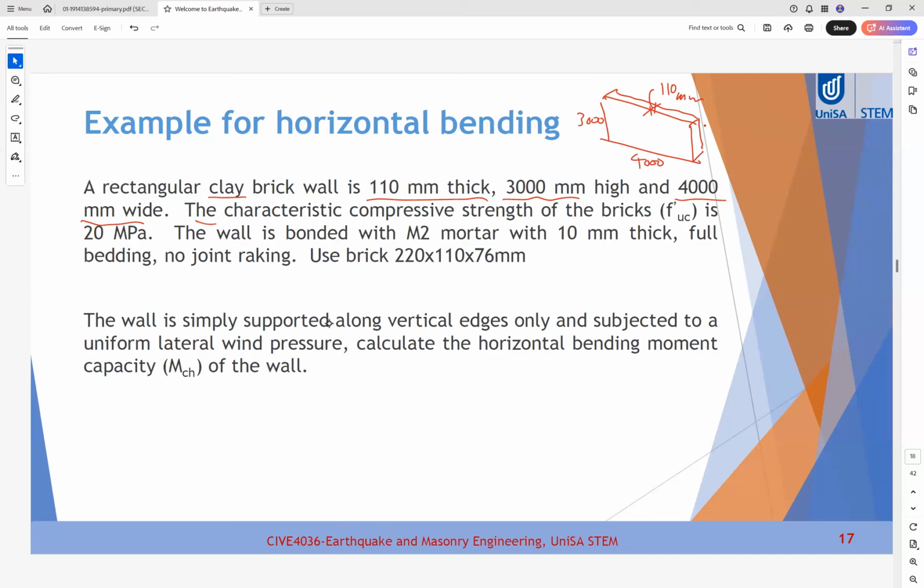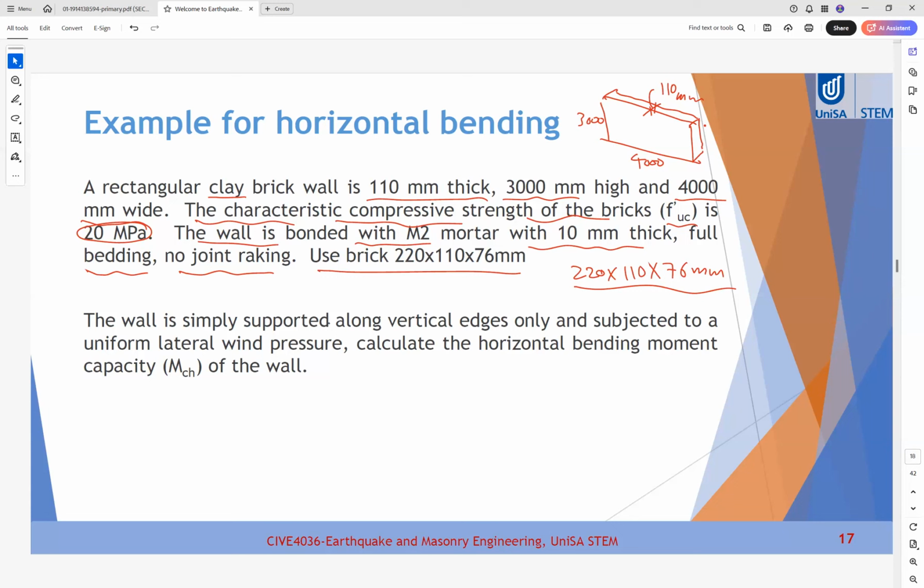The characteristic compressive strength of the bricks, FUC dash, is 20 MPa. The wall is bonded with M2 mortar, 10 millimeter thick, full bedding and no joint raking. Use brick 220 by 110 by 76 millimeter. This is all similar to the first example.